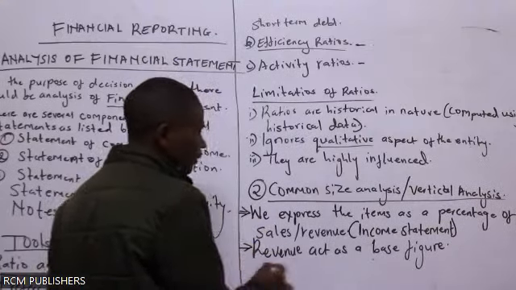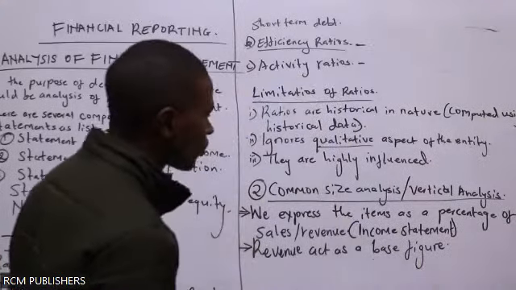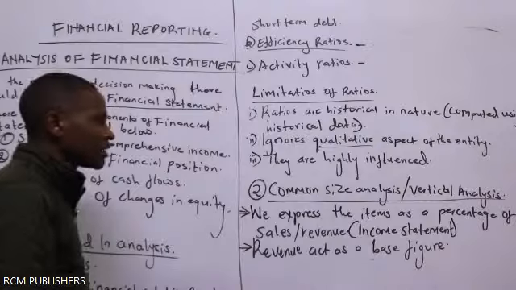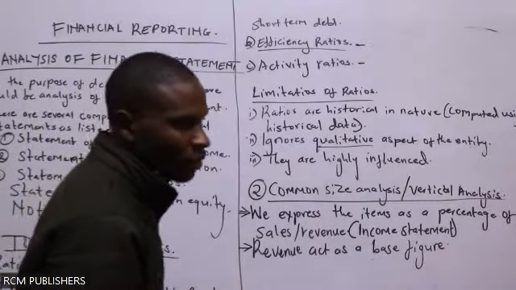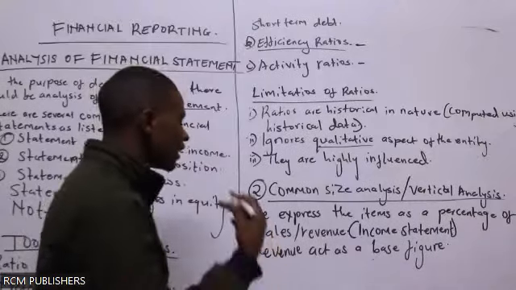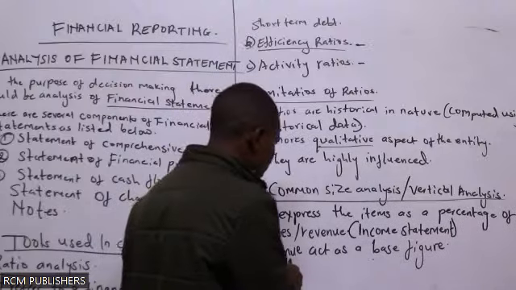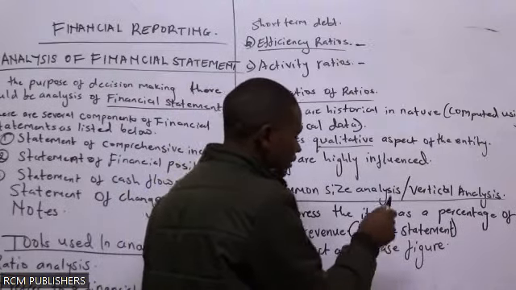In regard to the income statement. When we are analyzing the income statement using the common size analysis or vertical analysis, we are trying to express the item as a percentage of sale or revenue.